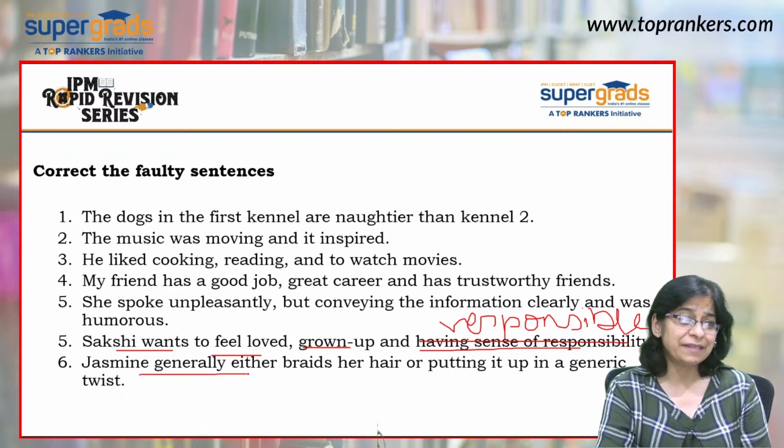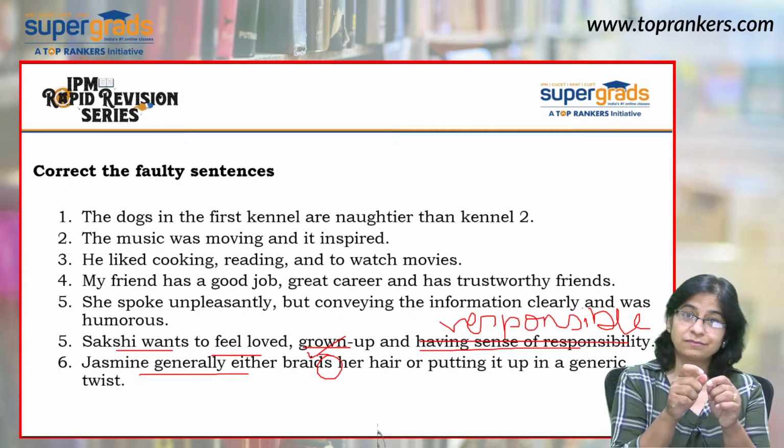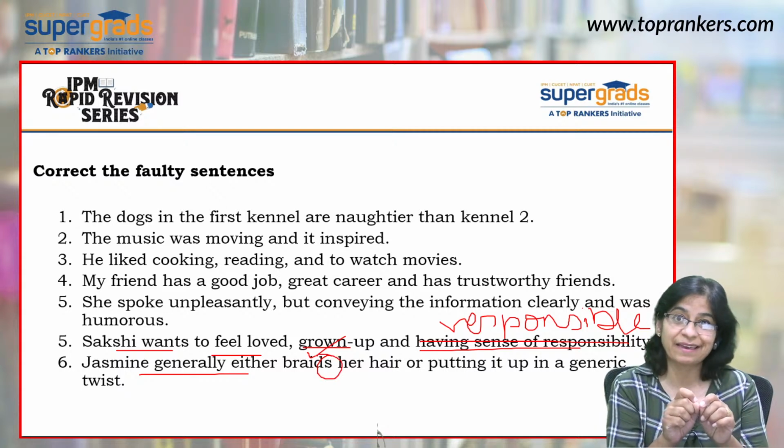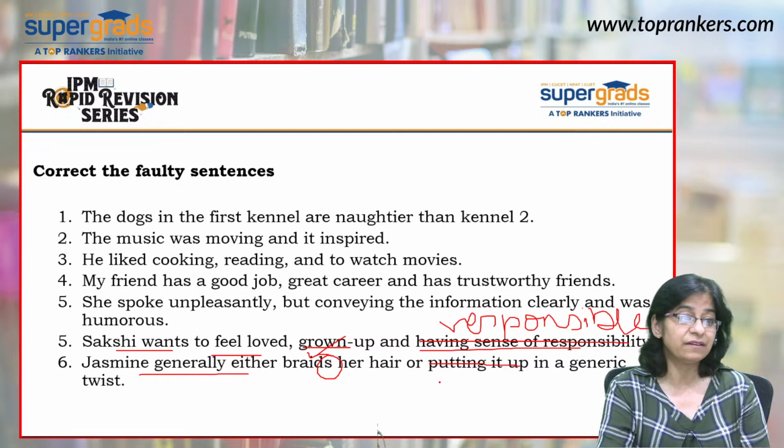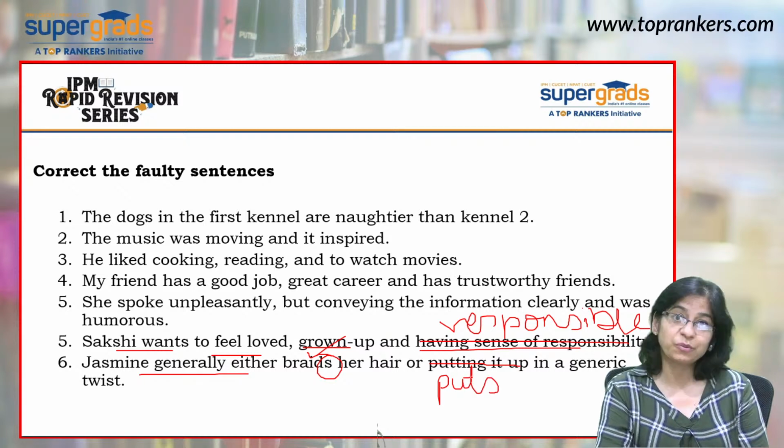See, Jasmine either braids her hair, so this is how she ties her hair, and putting it up. See, we don't need this ing here, or puts it up in a generic twist.